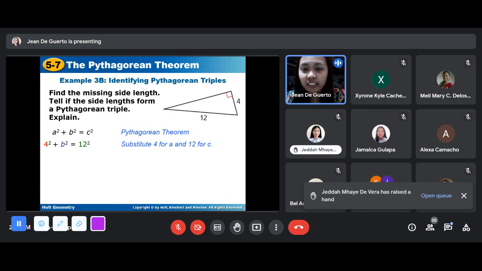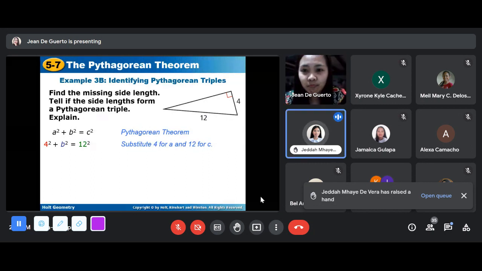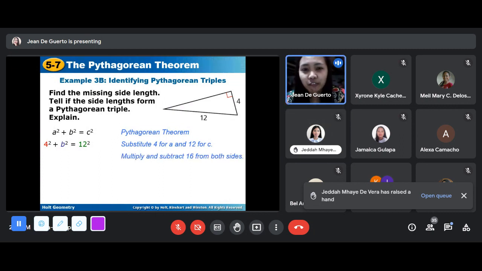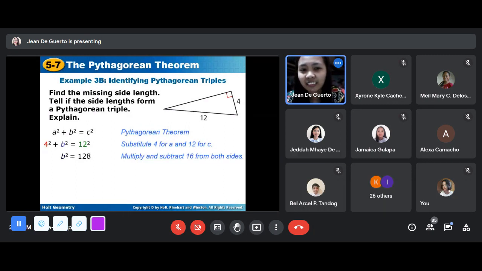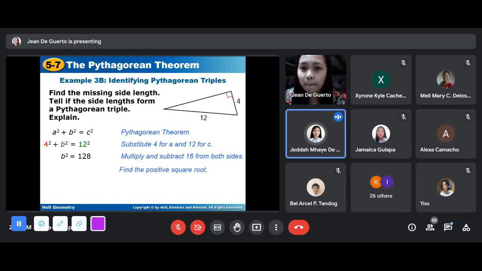Jeddah, yes. Transform 4 squared. So, ang sagot ay B squared is equal to 128. Yes. So, therefore, what will be B? Ang simplified form po ng square root of 128 is 8 square root of 2.